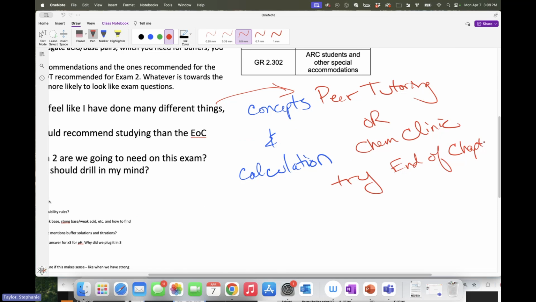The reason I like you to try those problems in a space where you can get help immediately when you get stuck is to then ask yourself, if you're having problems with those end of chapter problems, is it because the concept doesn't seem clear, or is it because you're stuck on a calculation? Where is the problem?